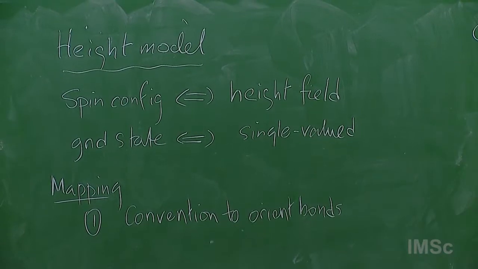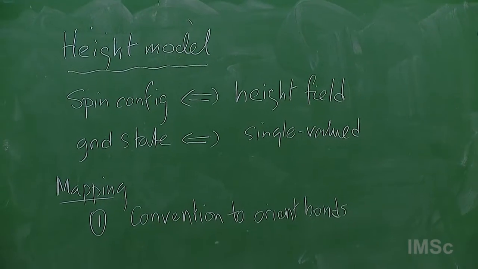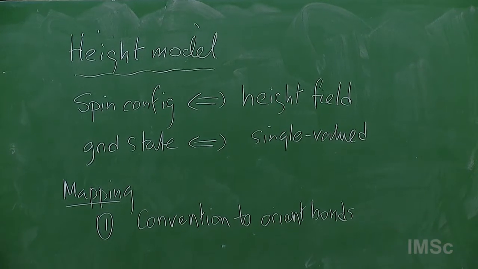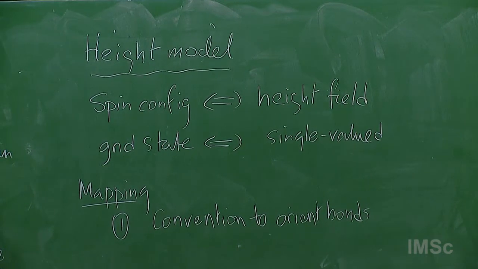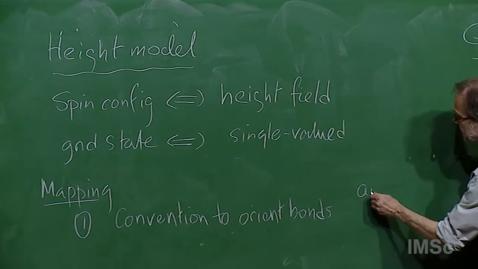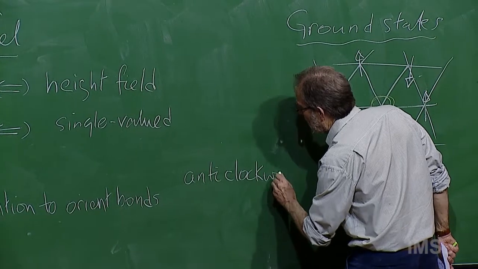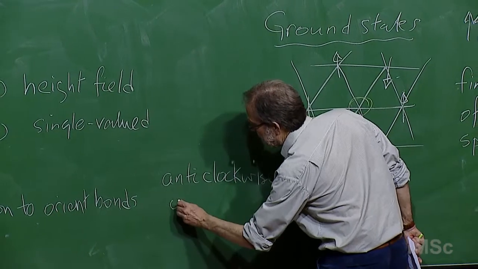So on the triangular lattice, I have triangles which are pointing up and triangles that are pointing down. And I can say I'll go anti-clockwise on the up triangles.